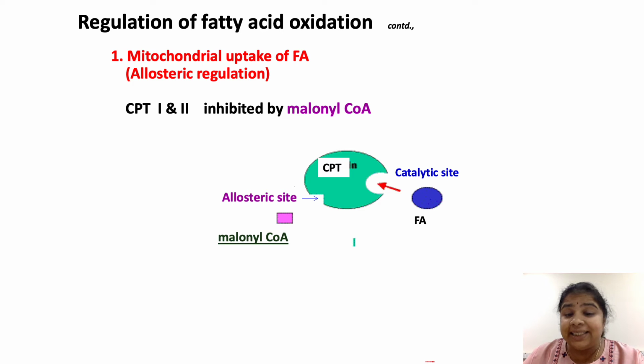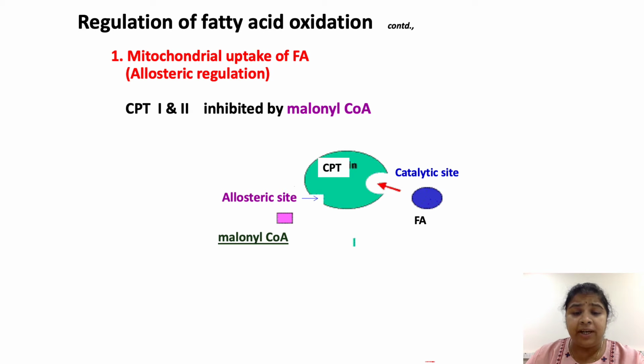Fatty acid synthesis happens in the cytosol and beta oxidation happens in the mitochondria. So there is compartmentalization, so that both are happening in different compartments in the cell. If beta oxidation has to happen, we have to transport the fatty acid into the mitochondria.